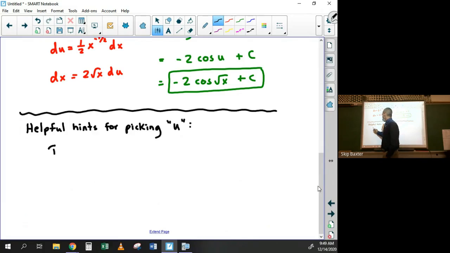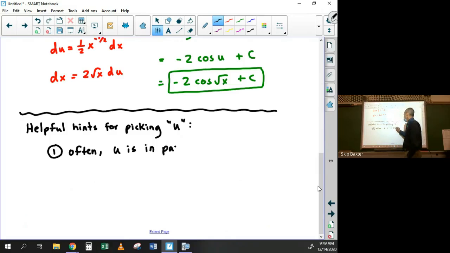The first thing is that often u is just whatever's in parentheses in the problem. Sometimes the parentheses are implied and they're not really there, but often u is in parentheses, or implied parentheses.